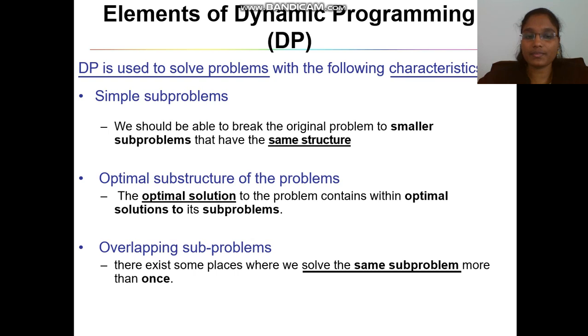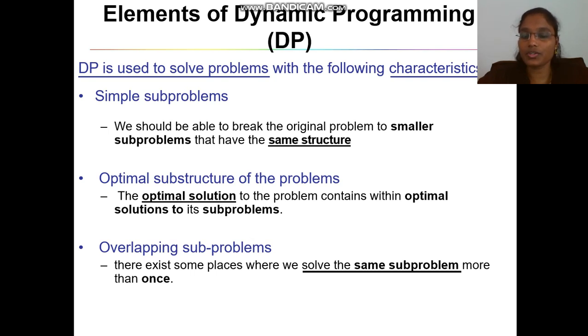Second, optimal substructure of the problems. It means that we divide it into smaller instances, and the smaller instances are solved first, and the optimal solution we get for the subproblems can give us the optimal solution for the larger problem also.